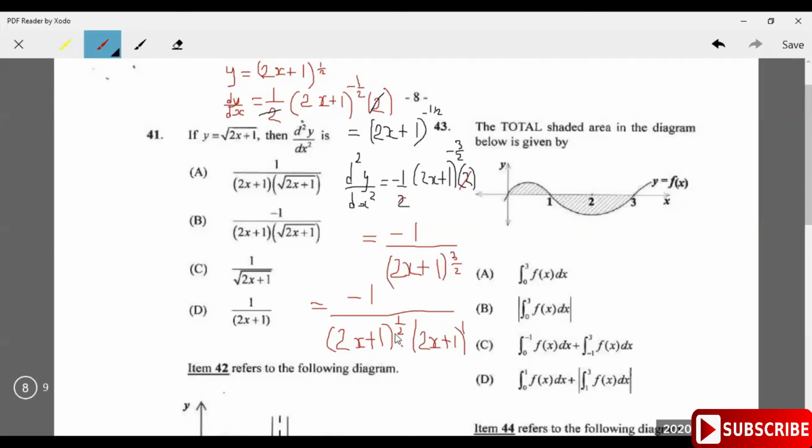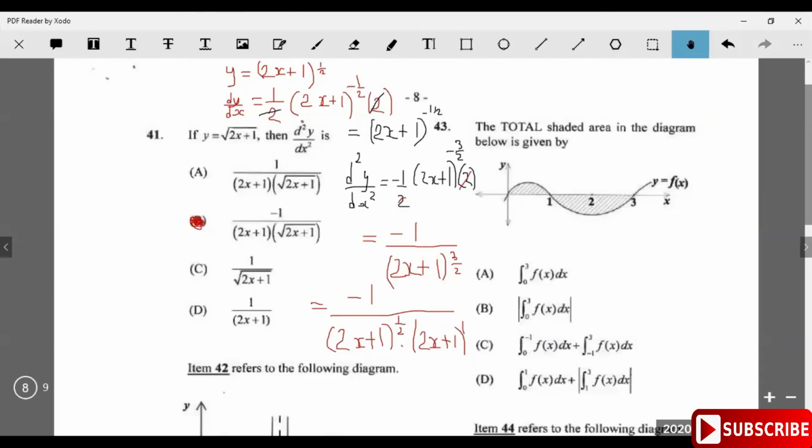So 2x plus 1 to the half power is the square root of 2x plus 1, and 2x plus 1 to the 1 power is just 2x plus 1. That's option B. That's too easy.